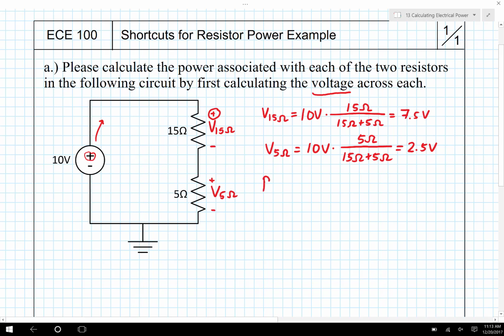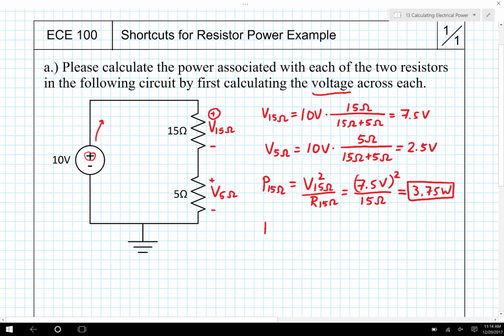Now, the power that's being consumed by the 15 ohm resistor is going to be the voltage across the 15 ohm resistor squared divided by the resistance of the 15 ohm resistor. And so this is going to be 7.5 volts squared divided by 15 ohms, and this works out to be 3.75 watts.